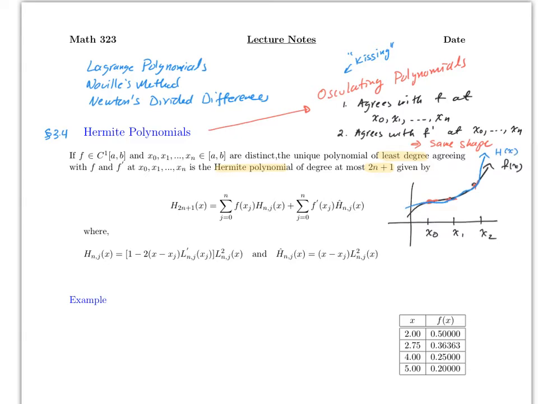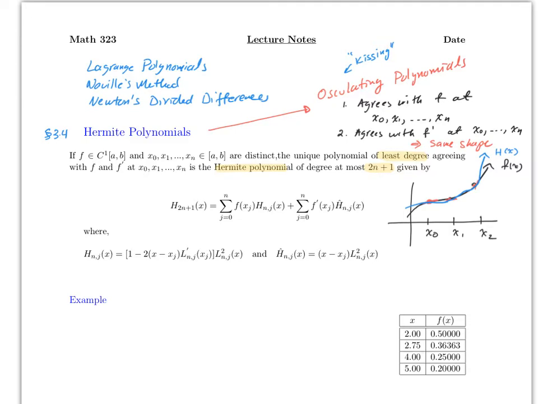Now here is the bad news. The polynomial is going to look like this. So this will be the part where it matches the function, and this is the part that matches the derivative, where this is equal to this beautiful thing, and this is equal to this part.